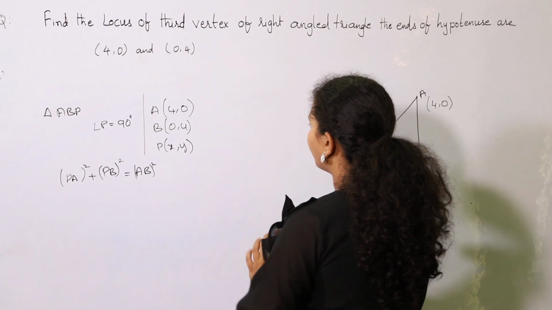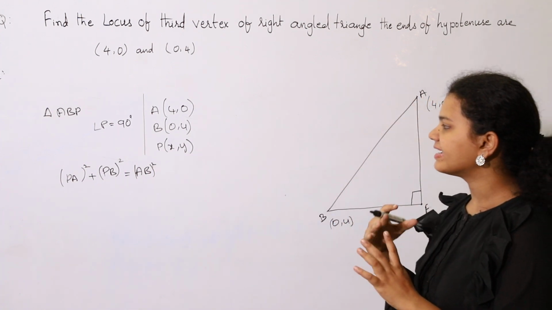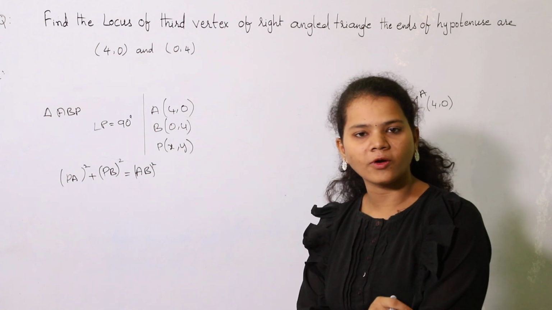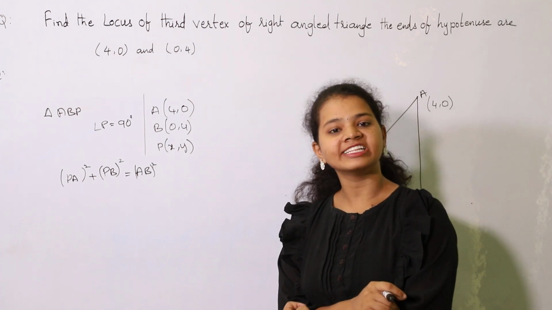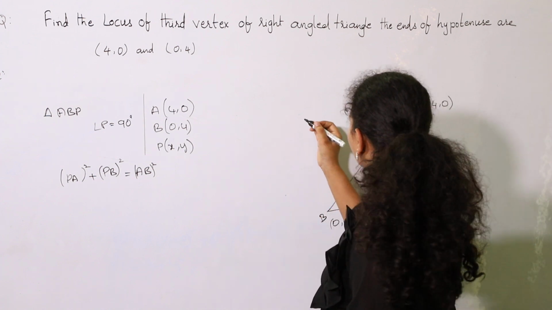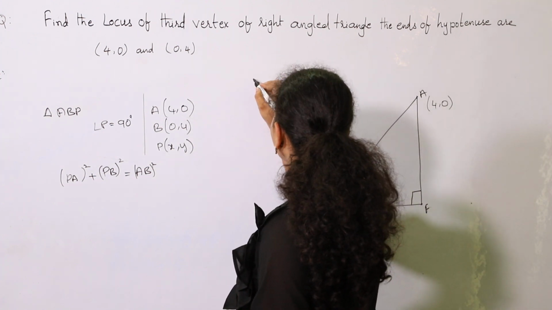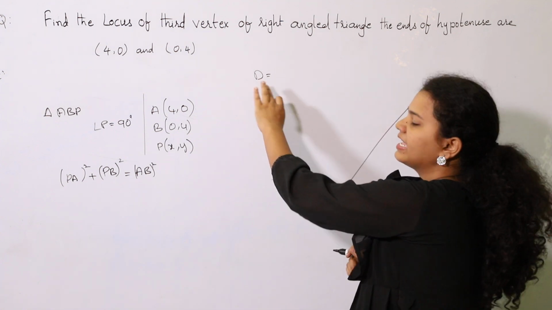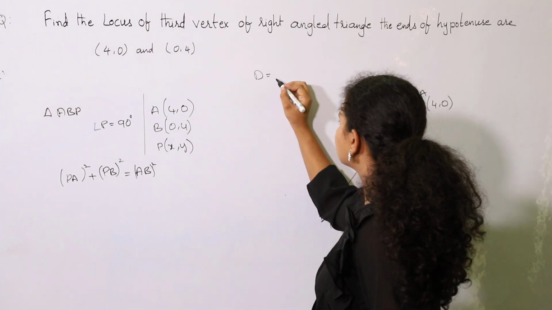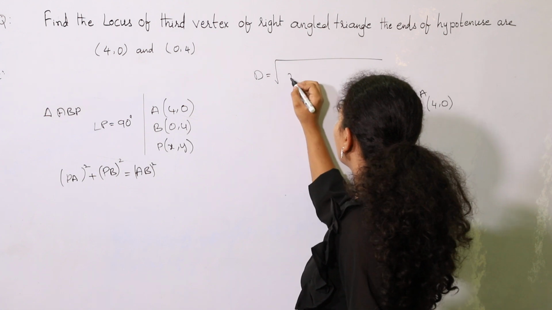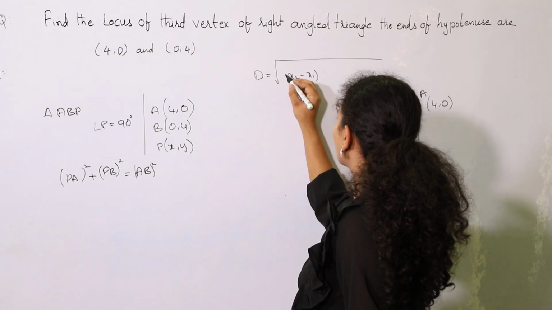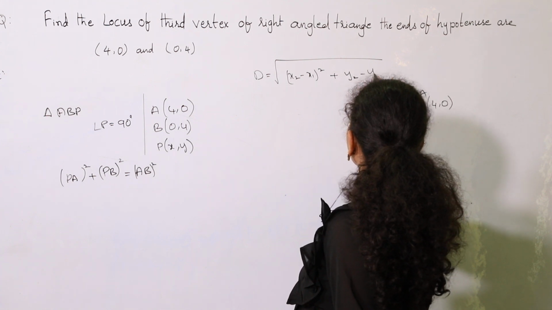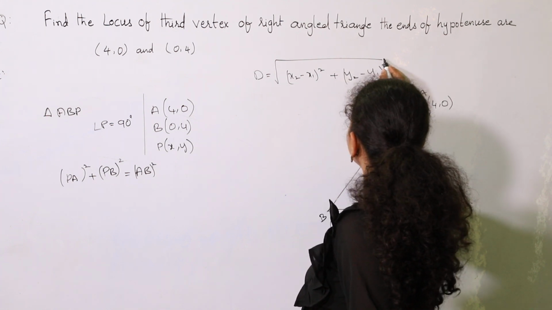Now we should find the distance between two points. How can we find it? We have a formula for this. Considering d as distance, d is equal to root of (x2 minus x1) whole square plus (y2 minus y1) whole square.